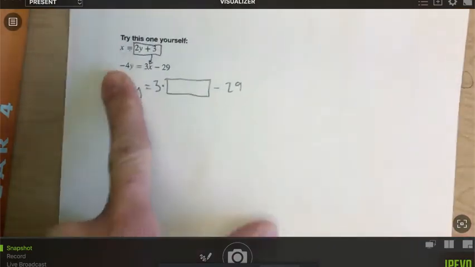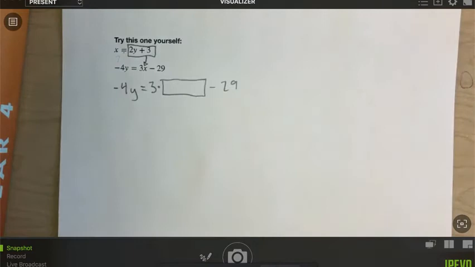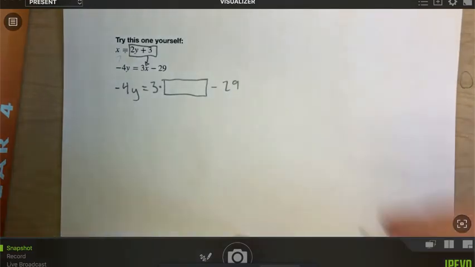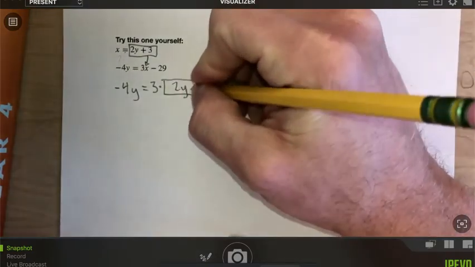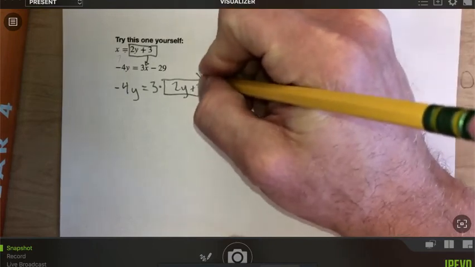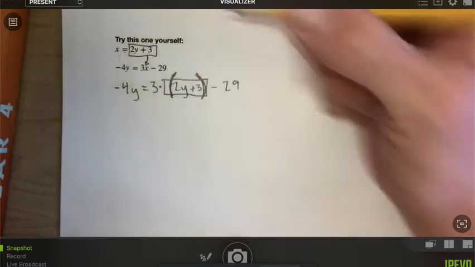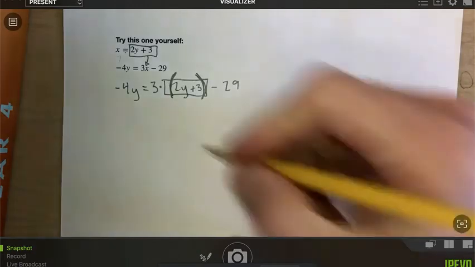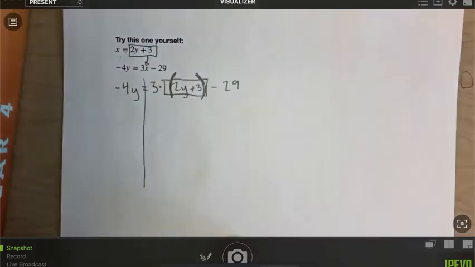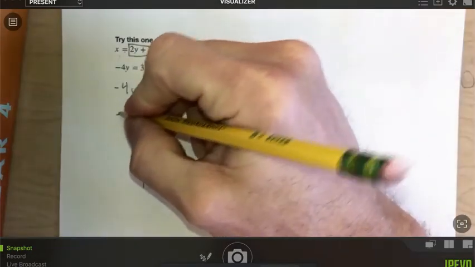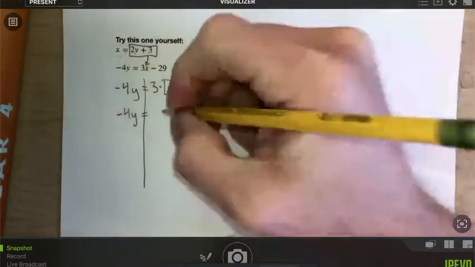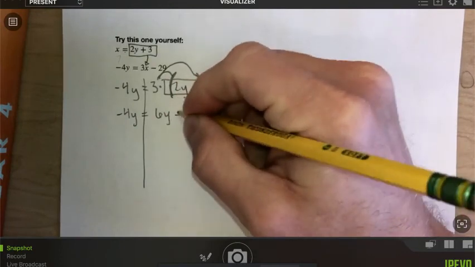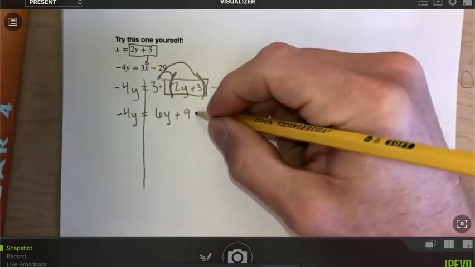Because remember, it's x equals, so x is going to get replaced in the second equation. That replacement will be 2y plus 3. Throw it in parentheses here. And I have my two sides. So I've got negative 4y equals, distribute that 3, 6y plus 9 minus 29.